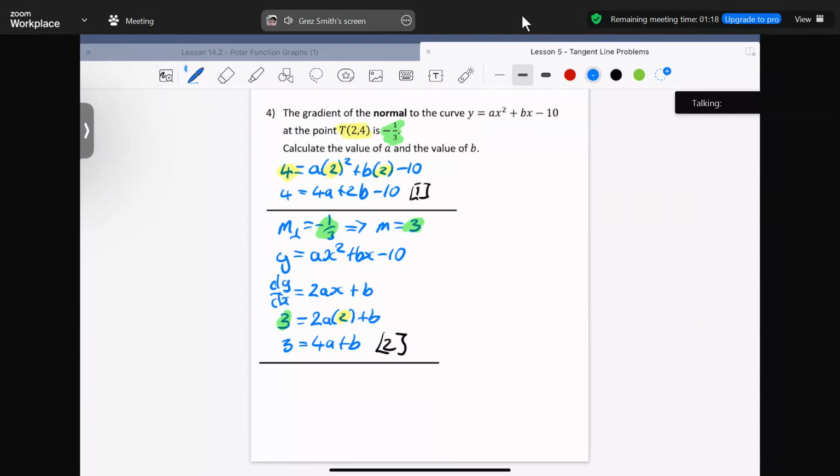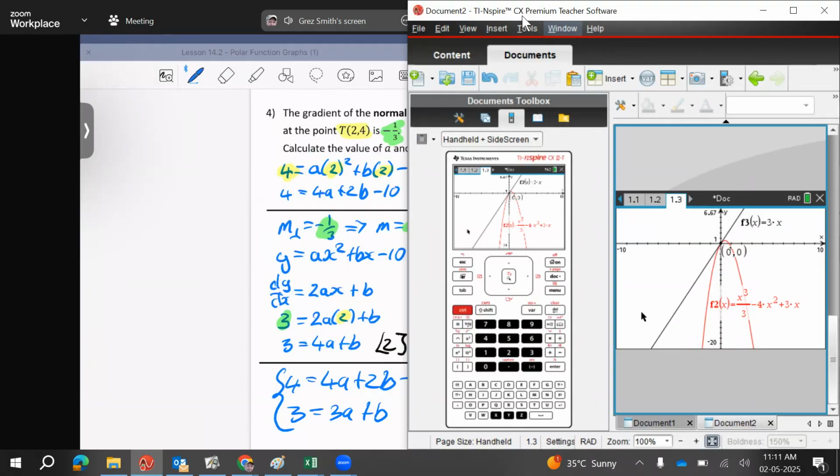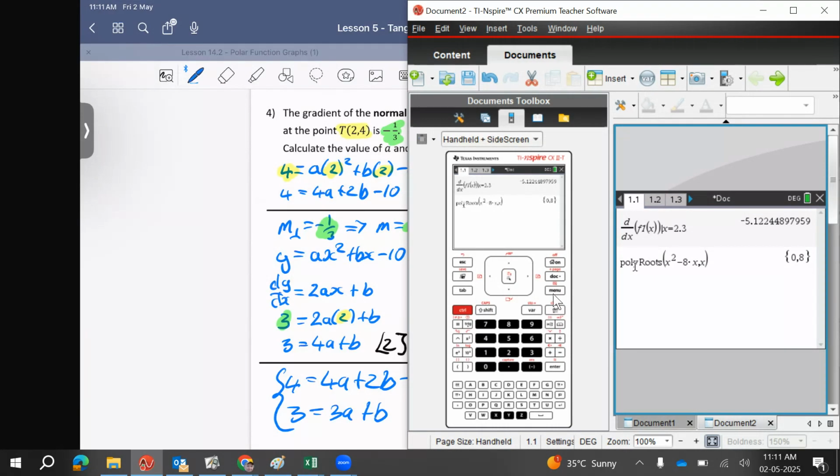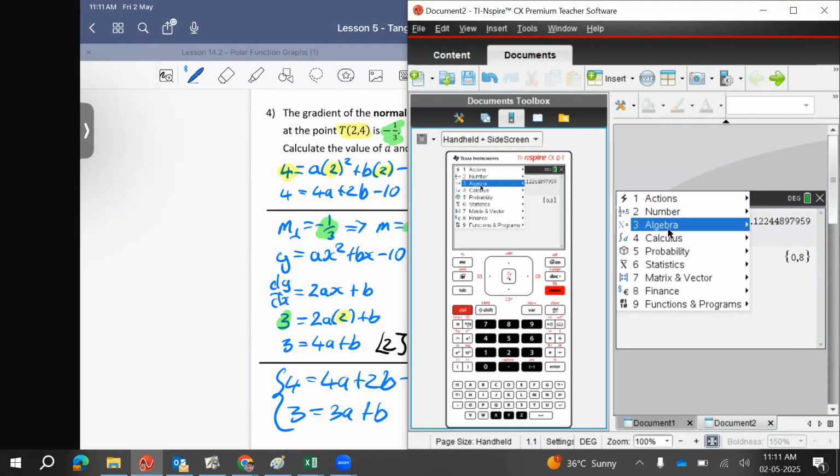We've got one equation which is 4 equals 4a plus 2b minus 10, and 3 equals 4a plus b. Put this into your calculator now. Let me know what your answer is. I'll come around and check them when you're done, and then we can leave it as our exit ticket.